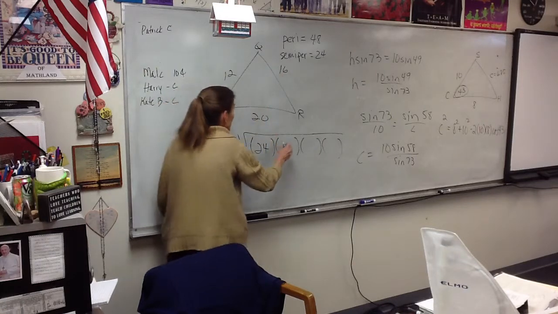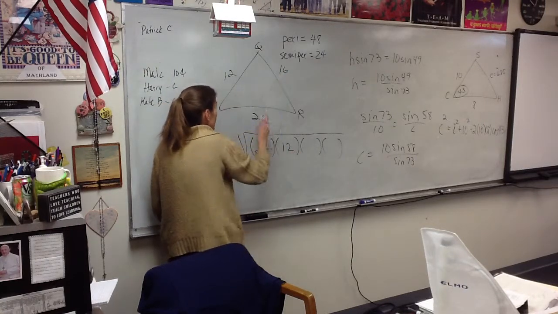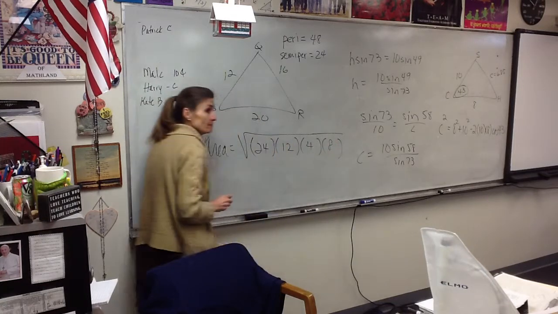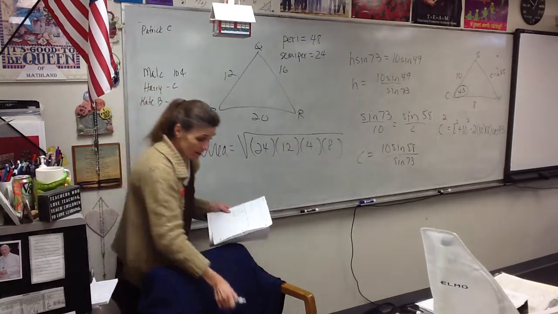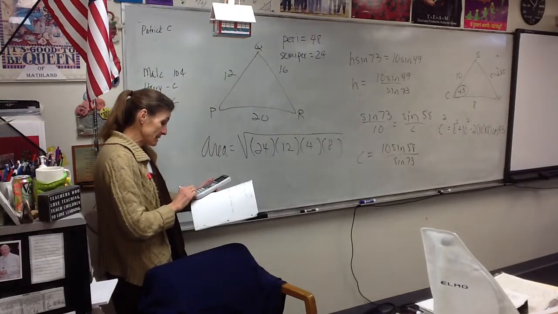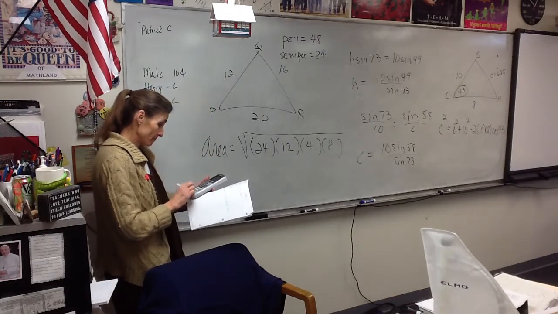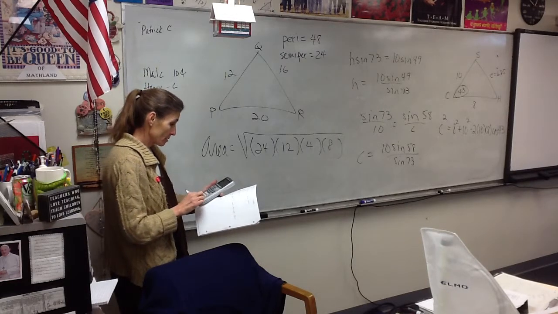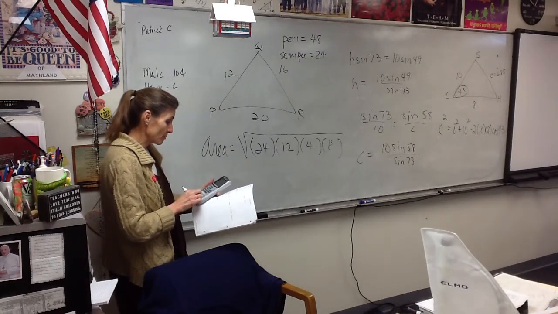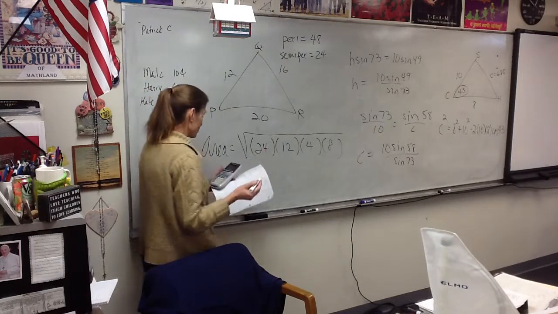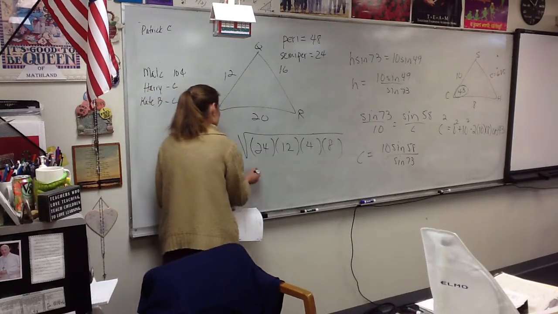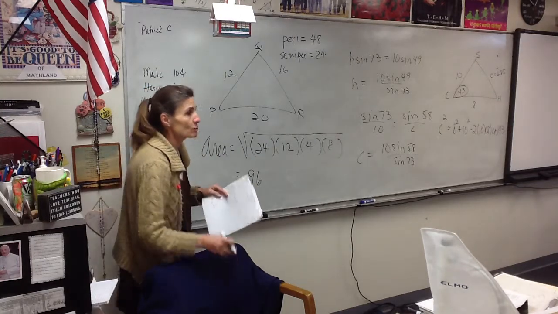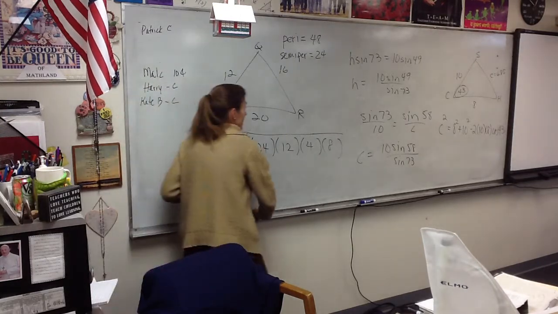So 24 minus 12, 24 minus 20, and 24 minus 16. Then we just type all those things together. And what do we have to remember to do? Oh my gosh. Did you get a whole number? Yeah. 96. The area works out just to be 96.